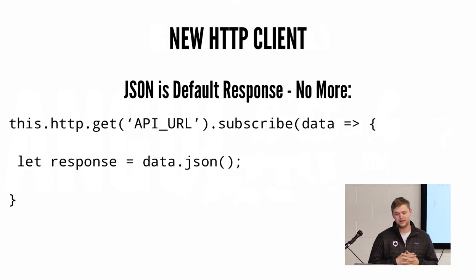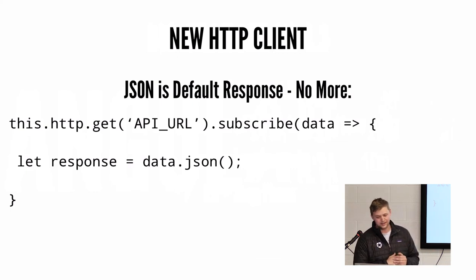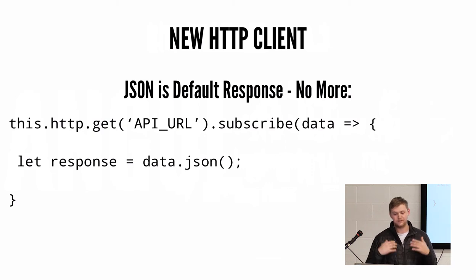The new HTTP client is really the core of that release, and with it came JSON as the default response type. If you have worked with Angular 2 or Angular 4.2 and below, you had to do a data transformation when you made an API call. Most APIs these days, I haven't come across a single one that returns XML or any other type of data, are mostly JSON.